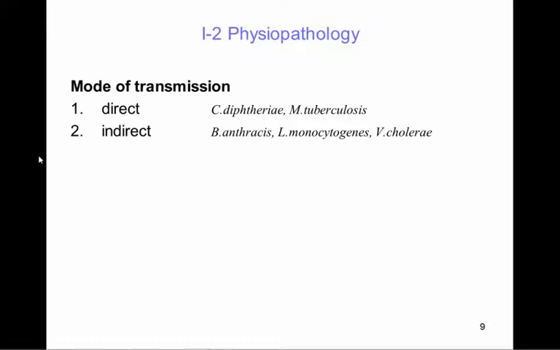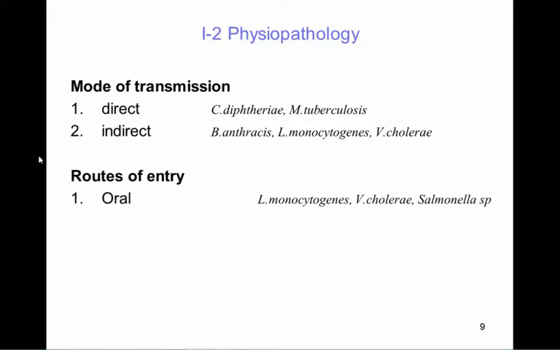Vibrio cholerae causes cholera. Here the bacteria are excreted in the feces, go into the water, and people who drink that water can get infected. No direct contact. Routes of entry: either orally. Obviously, bacteria that cause gastroenteritis are going to enter by the mouth.